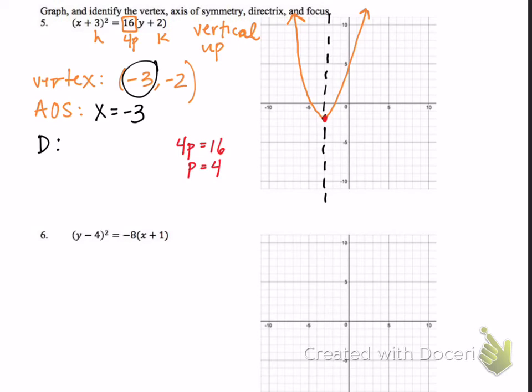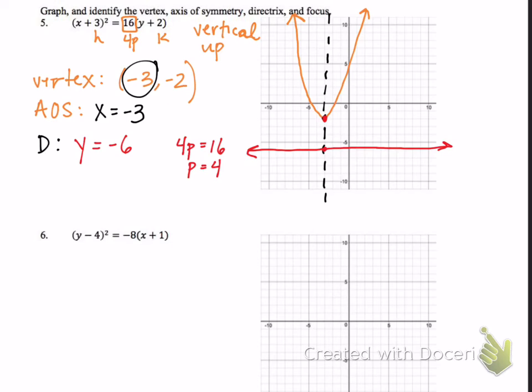So if I'm already at -2, I count 1, 2, 3, 4, and I'm at this line right here. I'm 4 units away. And so what would that line be? y equals -6. Perfect.